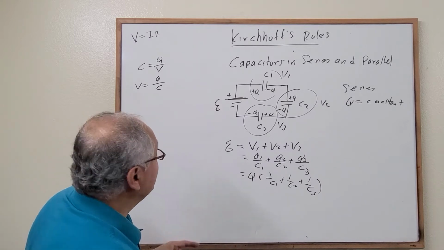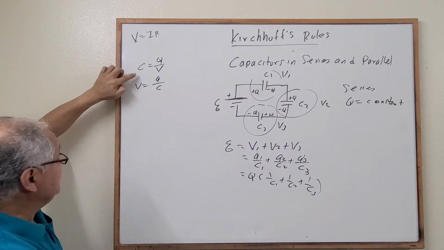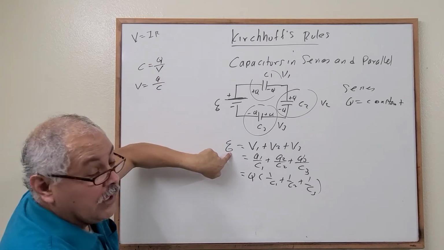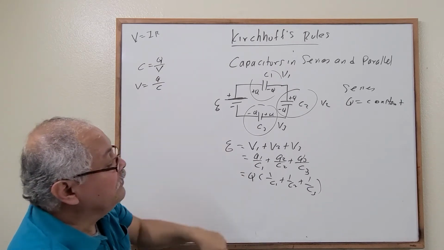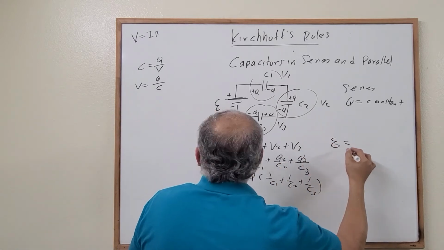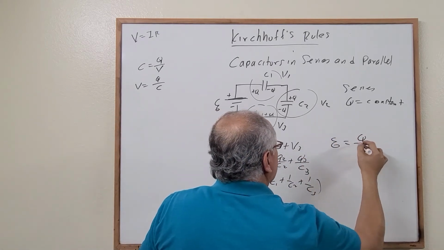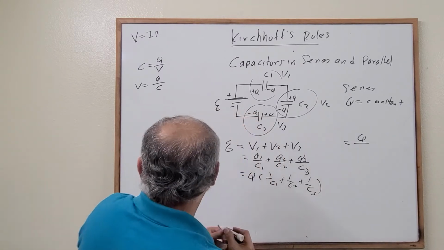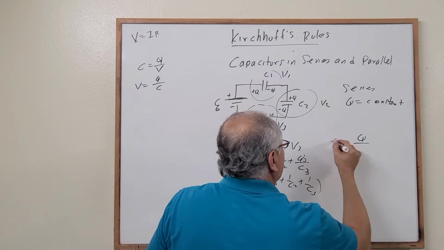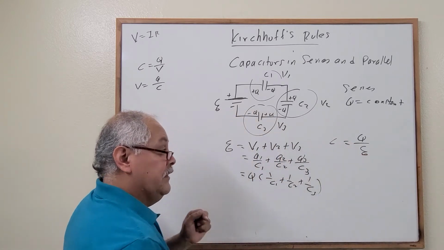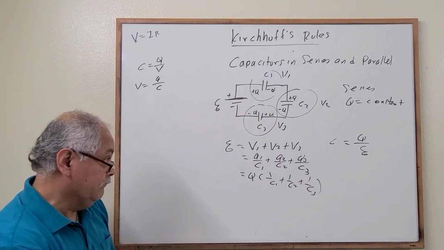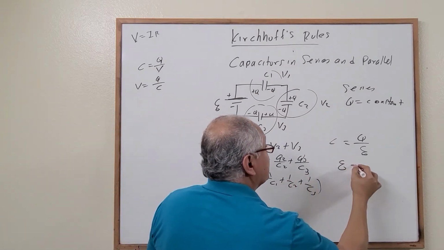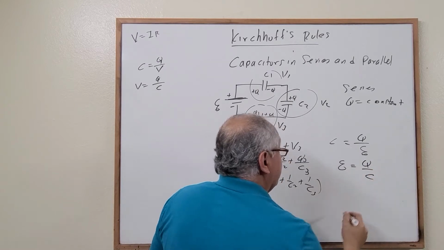Now we compare this to the general equation. This is the equation when we have voltage in general, but we can also use it with the electromotive force. Capacitance equals charge divided by the electromotive force, so solving for electromotive force, it equals charge divided by the capacitance.